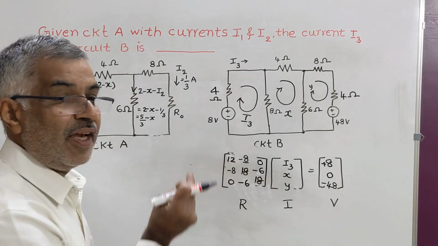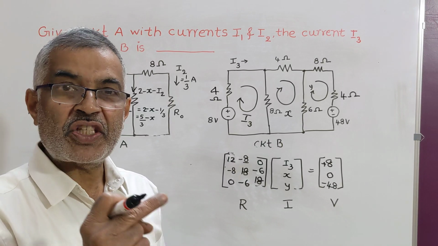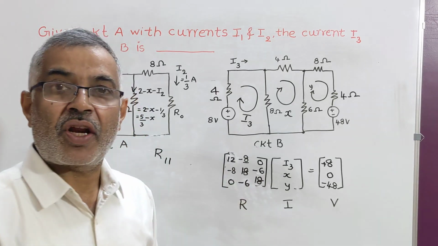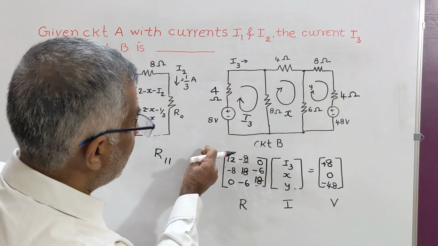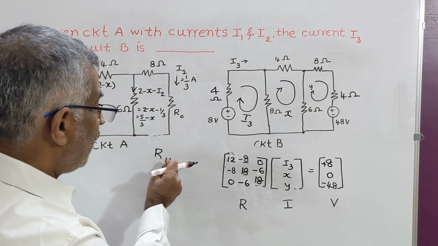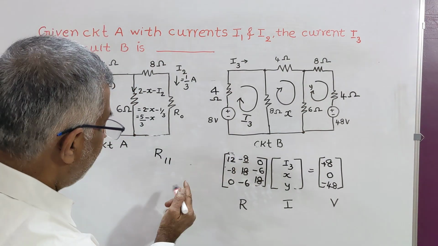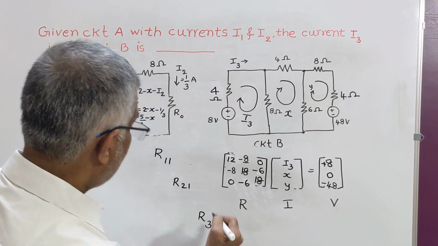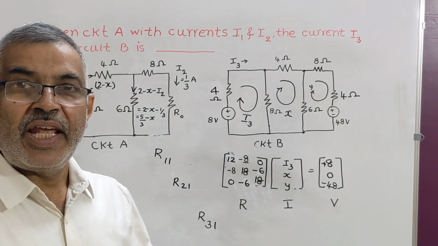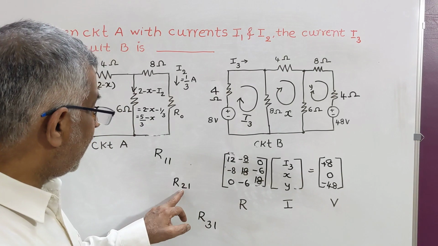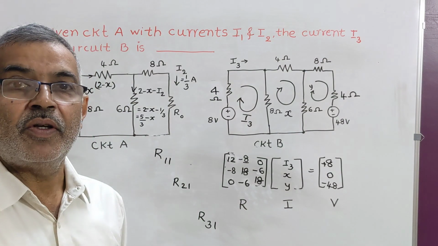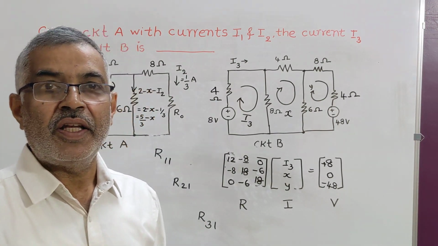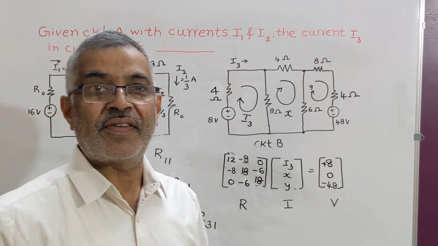Now once again I will explain how to write the resistance matrix by the inspection method. First, what is this element? This element is in first row, first column. The diagonal elements are R11, R22, R33. The subscripts stand for the row and column: first row first column, second row first column, third row first column. The diagonal elements are always taken with positive sign. They are called self-resistances.